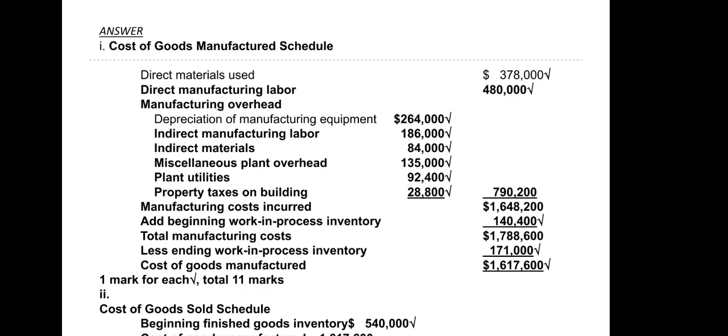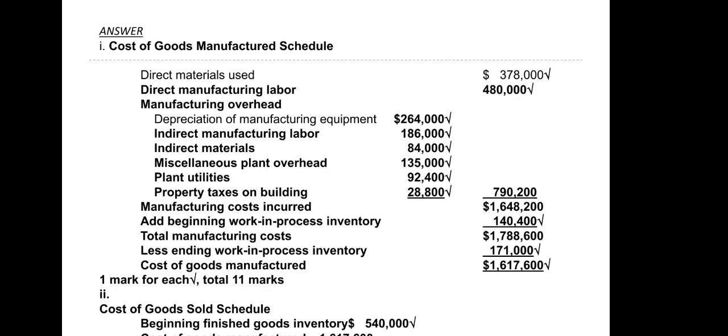Okay, and then after you have added these three manufacturing costs, you have to add the beginning WIP inventory, and then you minus ending WIP inventory. After that, you will get the cost of goods manufactured number.